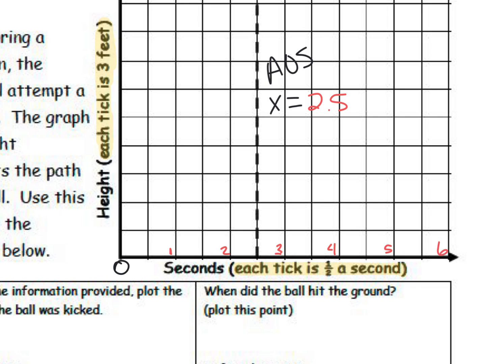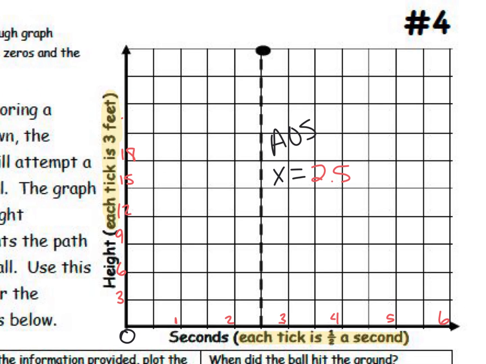Also, pay attention on the y. It's counting by 3s. 3, 6, 9, and so on. So really, if you label it first, that's going to keep you from having to stop what you're doing, and you can just go ahead and see your numbers.